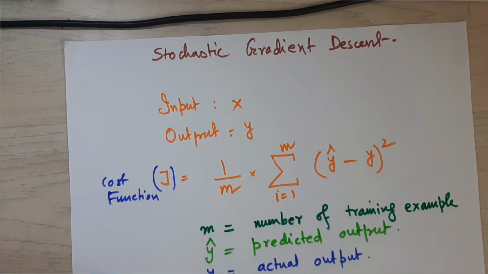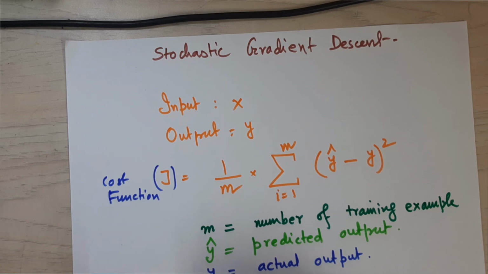So we want to find the parameters of our model that minimize the cost function. Stochastic gradient descent is an algorithm that can help us to do it.